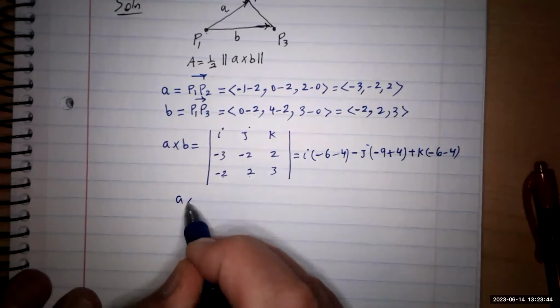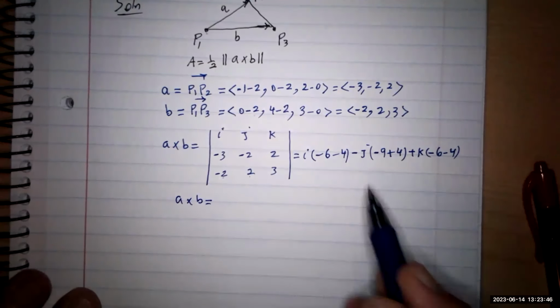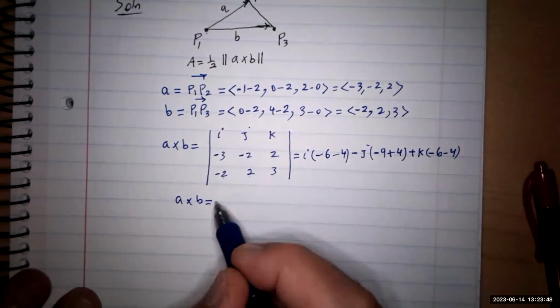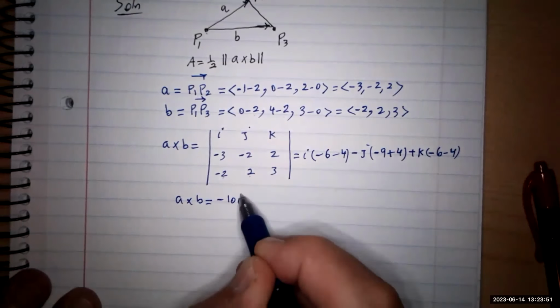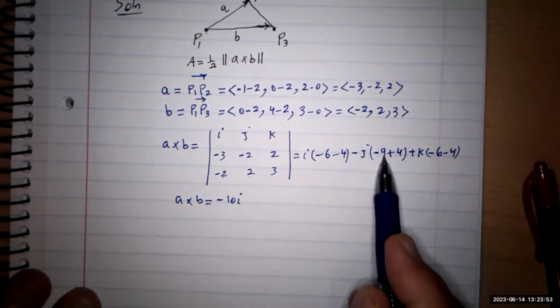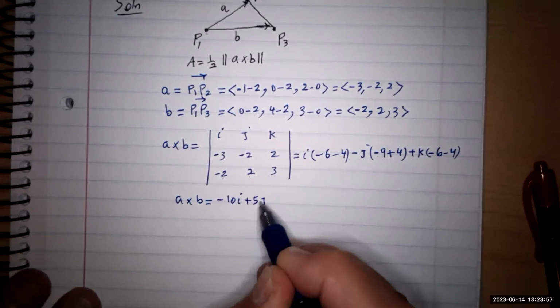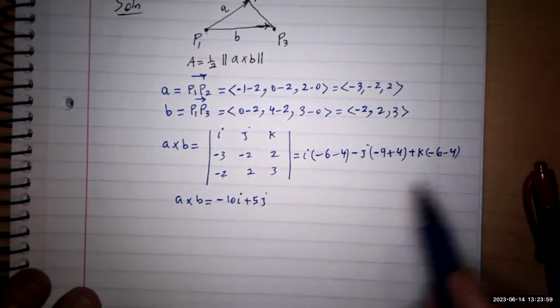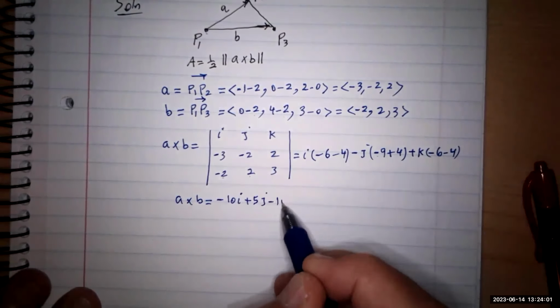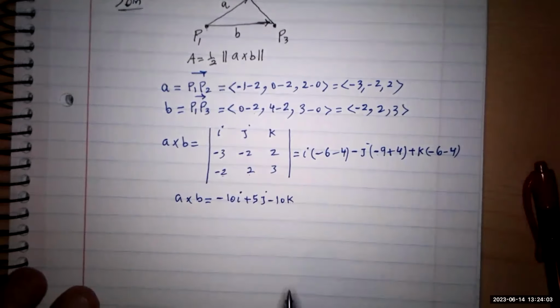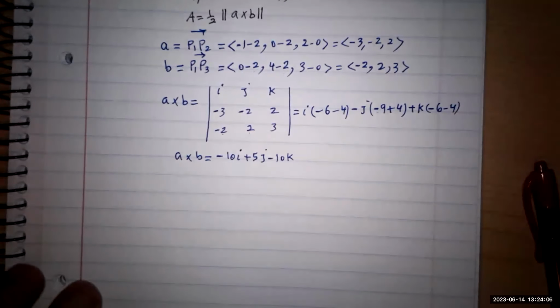So A cross B is equal to -10i, +5j, and -10k. That's A cross B. Any question?